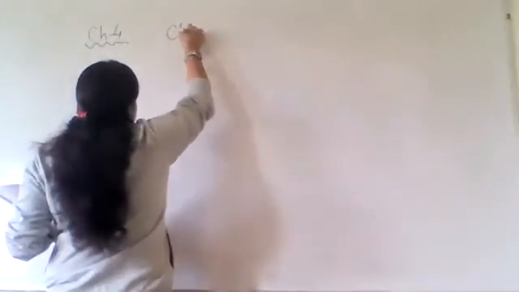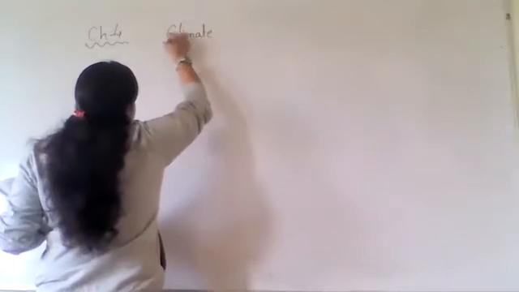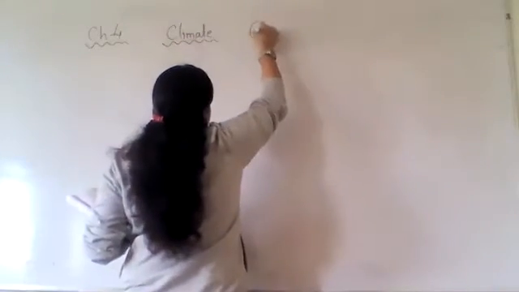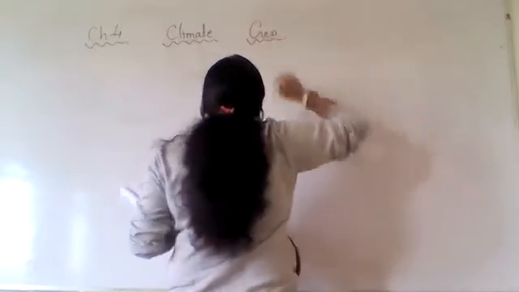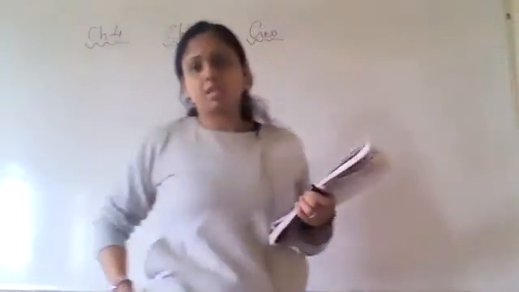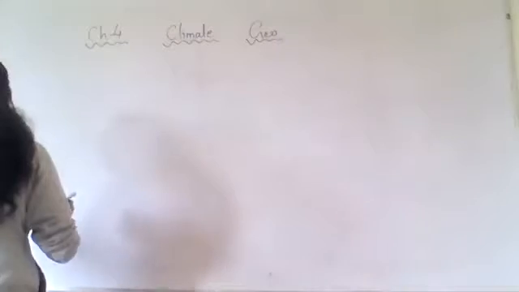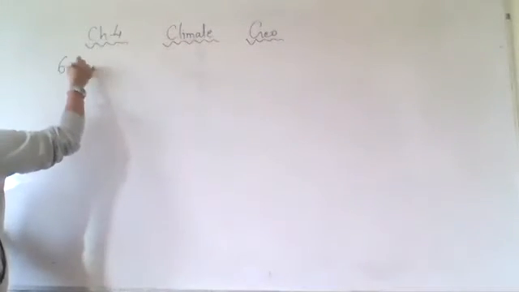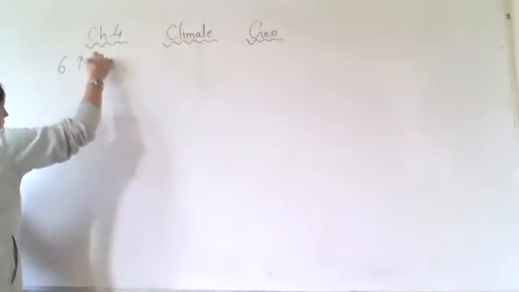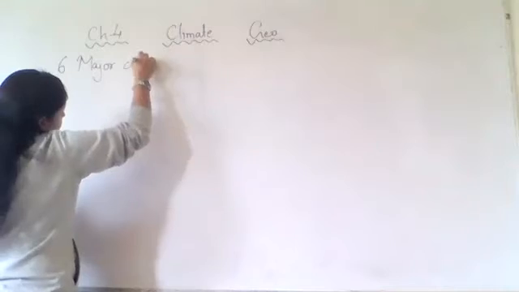Chapter 4, Climate Geography. So we were discussing the 6 major controls of climate.